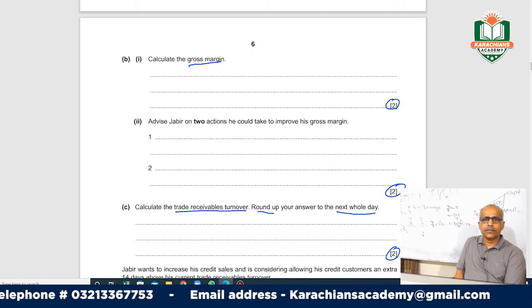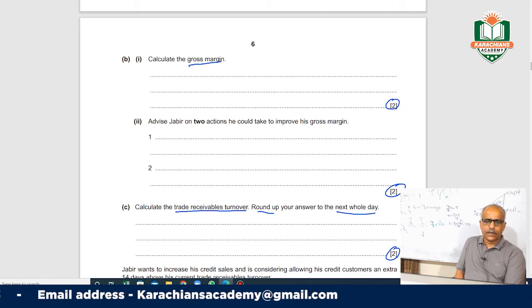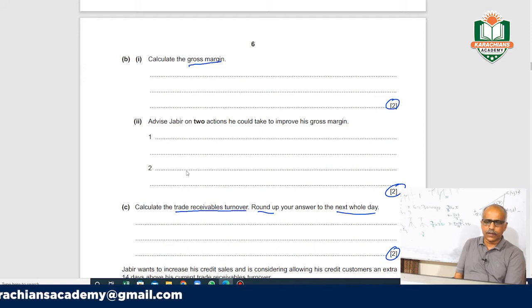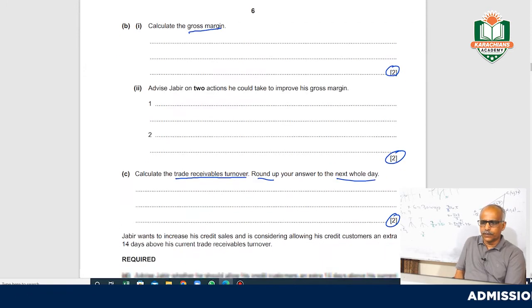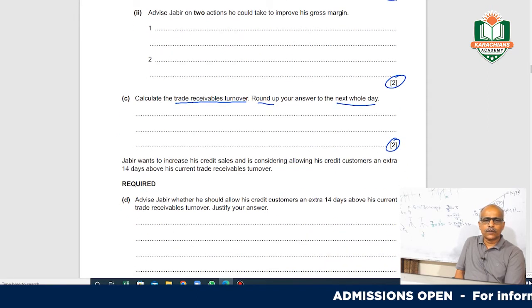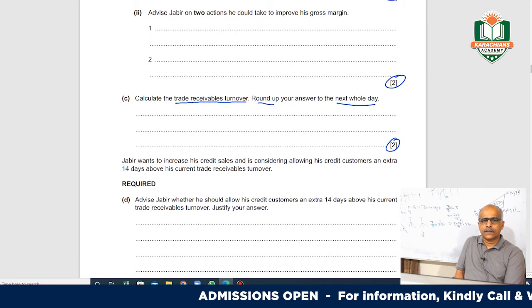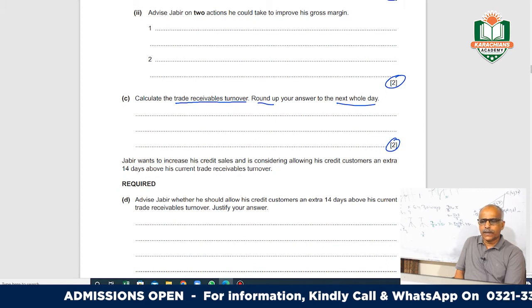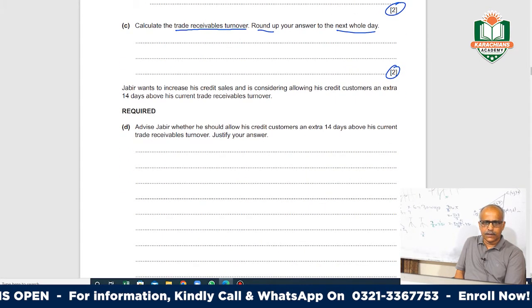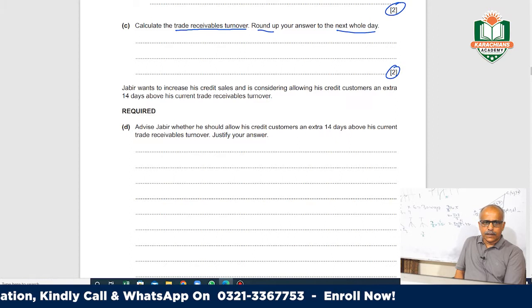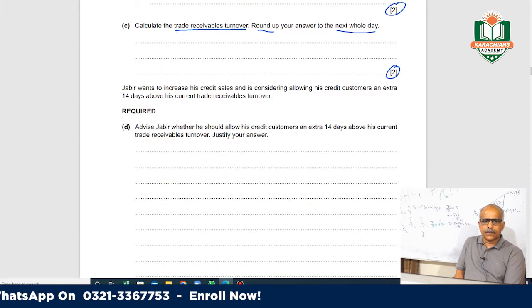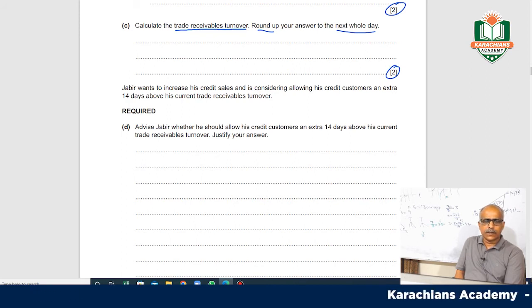Calculate the trade receivable turnover. You have to calculate trade receivable turnover and round up the answer to the next whole day. Then Jabir wants to increase his credit sales and is considering allowing his credit customers an extra 14 days above the current trade receivable period.